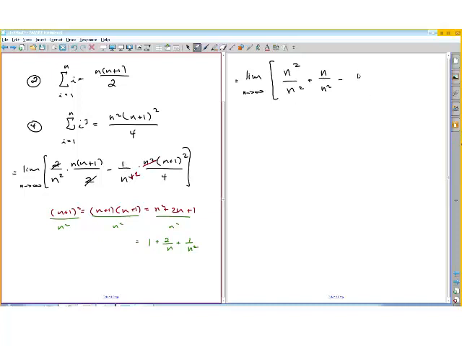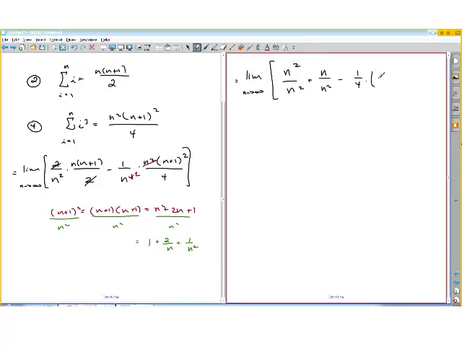So now we go back here, we have the negative 1/4 times this divided by that, which we just figured out to be 1 plus 2 over n plus 1 over n squared. Okay, so again, n squared over n squared. n times 1 is n over n squared.